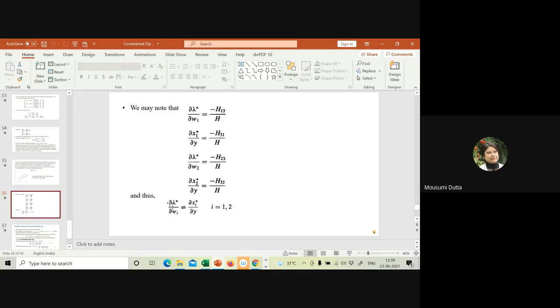Would you please look at your derivatives and check whether you are getting this relation or not? That is, del lambda star by del w1 is equal to del x1 star by del y.